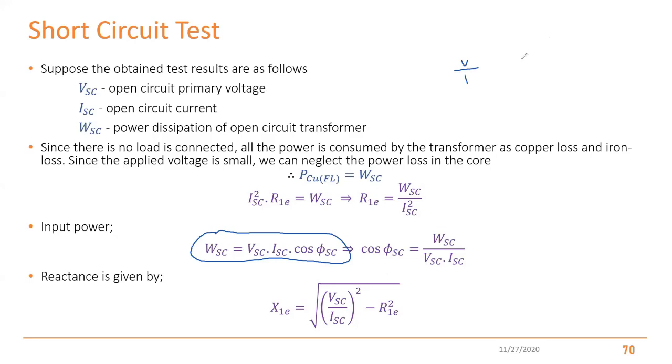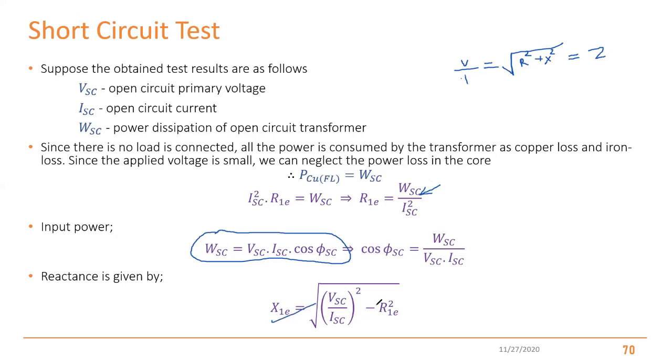The resistance squared plus reactance squared, under the root, will be the total impedance. Therefore voltage divided by current should be equal to this. I already know the resistance from here, therefore I can calculate X using this equation.